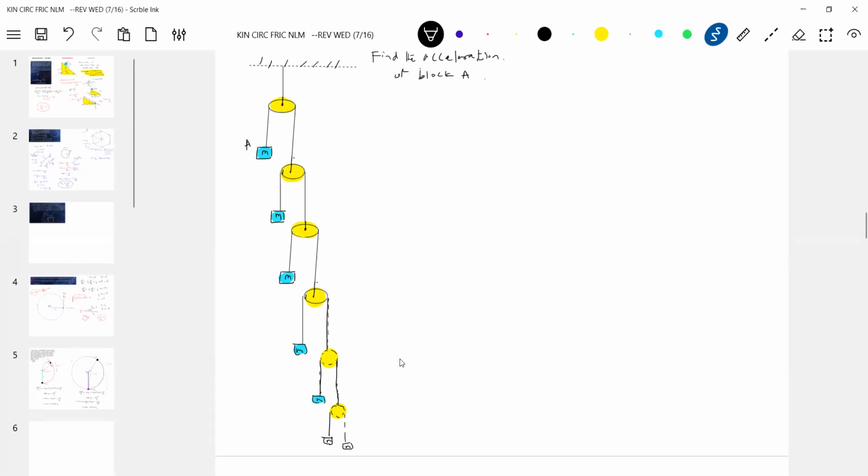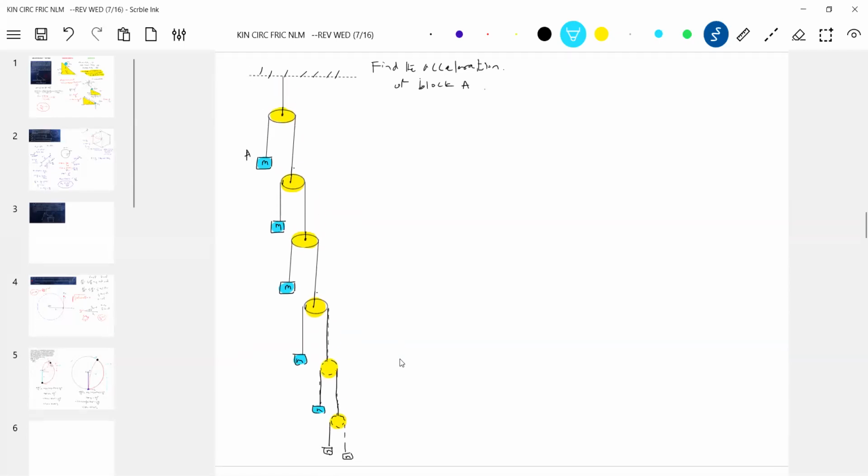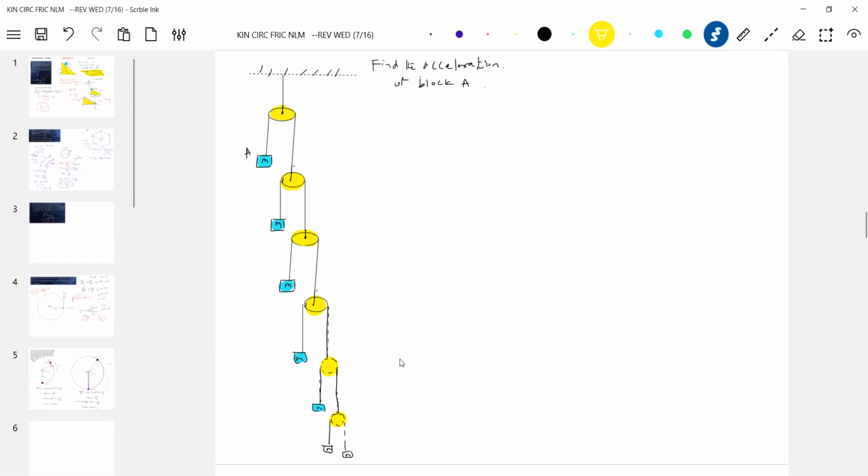Okay, some methodology we'll try to develop. First, I need more pulleys. I will replace.